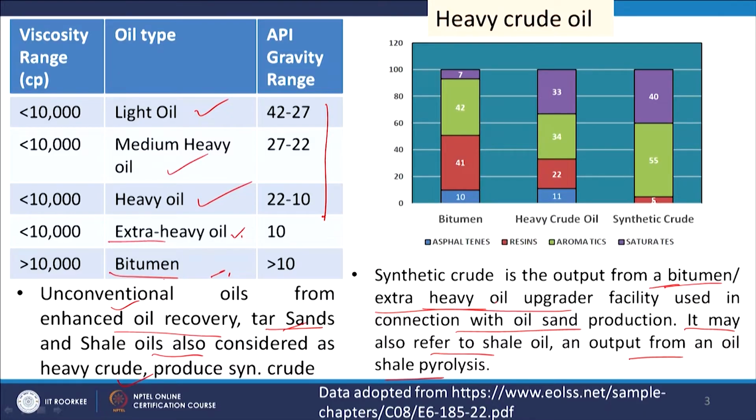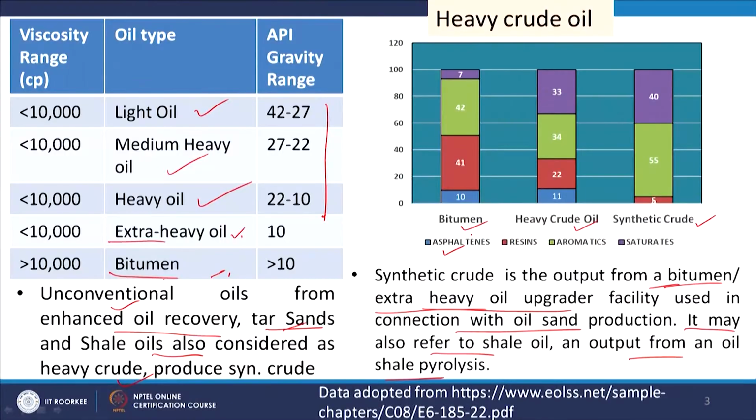Now, if we compare the composition of bitumen, heavy crude oil and syn crude oil, these are our matter of concern, we are going to discuss how these can be converted into clean fuels. If we see, asphaltenes are there in heavy crude oil and bitumen both, but synthetic crude is not having that asphaltene.